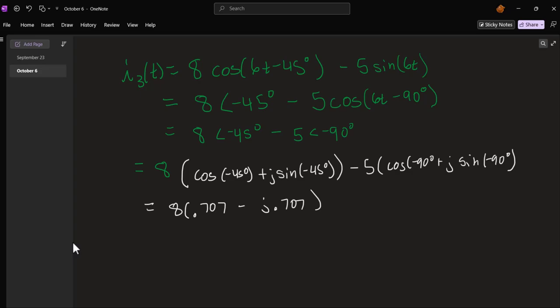Actually, it's I times R1 over R1 plus R2. So that was current division in DC. Current division in AC will be I1 equals I times Z2 over Z1 plus Z2, and I2 equals I times Z1 over Z1 plus Z2.